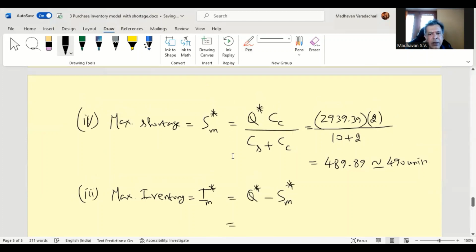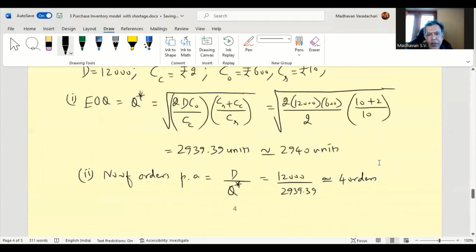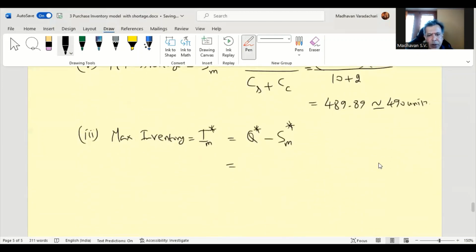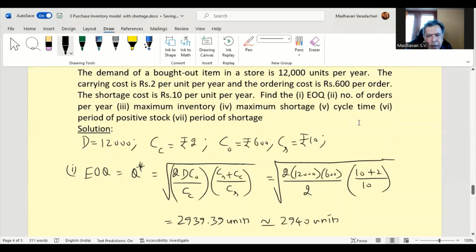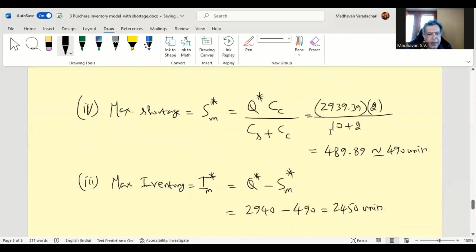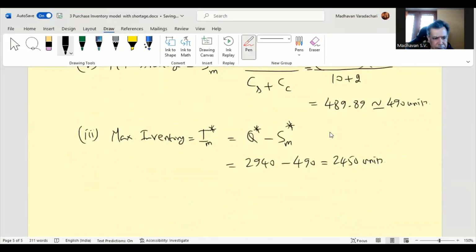Q star, let us take the rounded off quantity, which is 2940. 2940 minus 490, we get 2450 units. That is your maximum inventory. So till the third question we did. Then cycle time, T star.